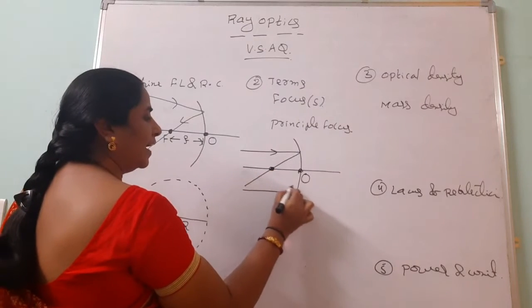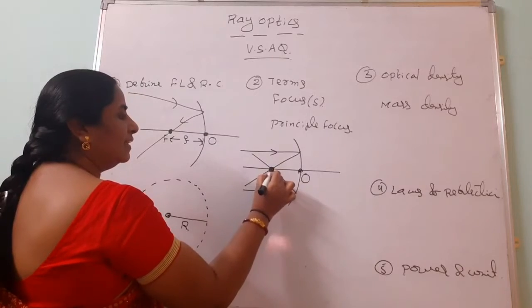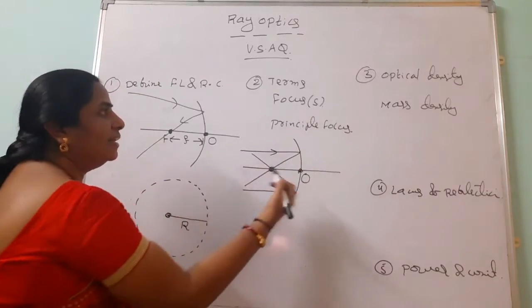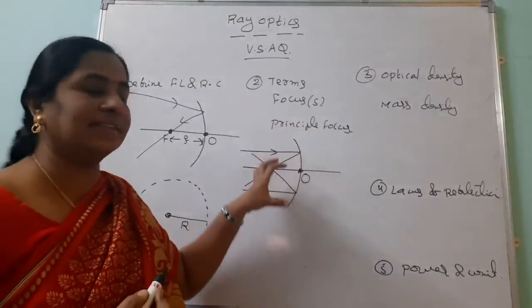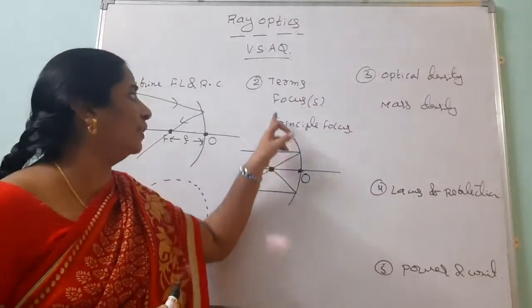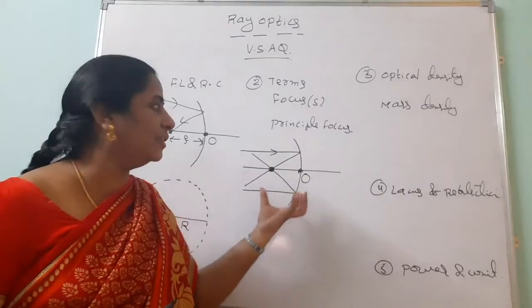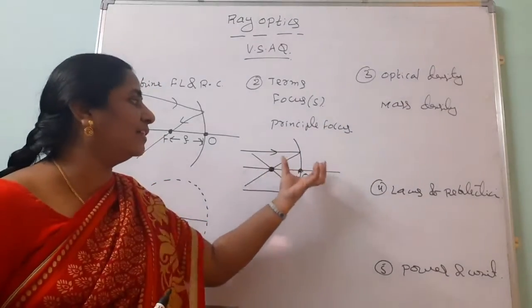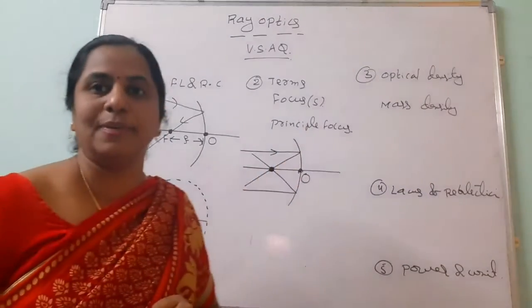Where they coincide is called the principal focus. Even if you place the object at infinite distance, all rays are focused, and that is called the focus. But principal focus means incident rays are parallel to the principal axis and after reflection are focused at a single point.